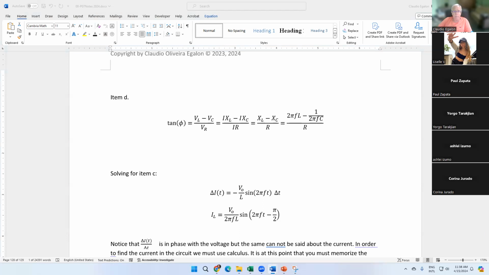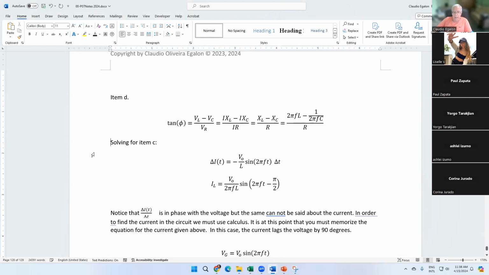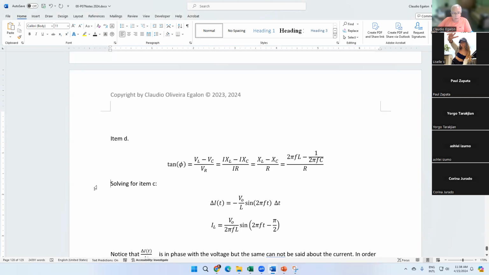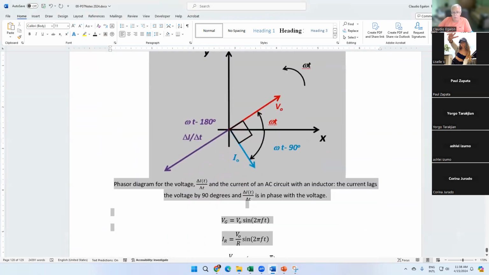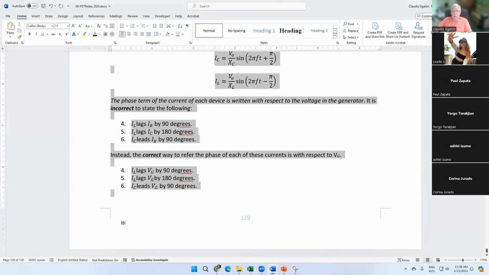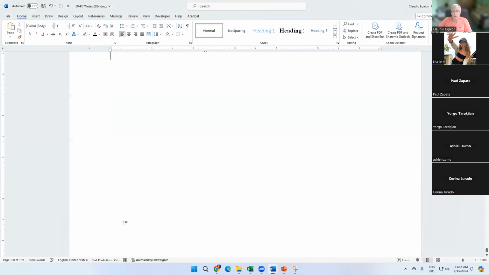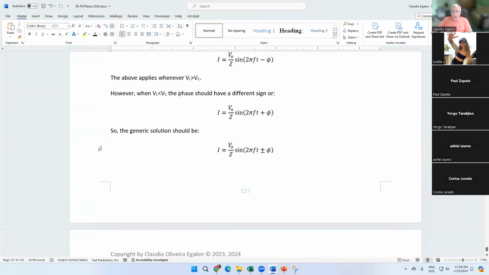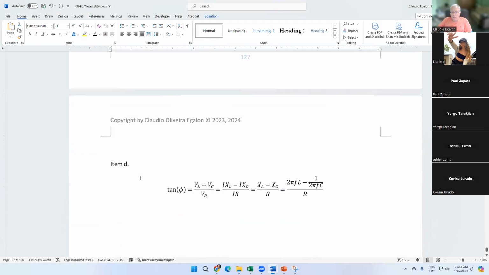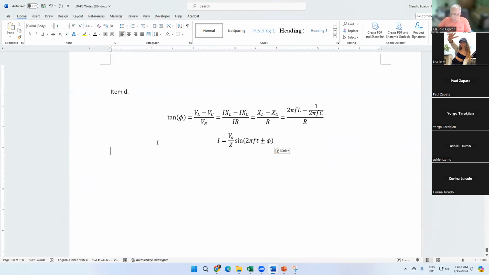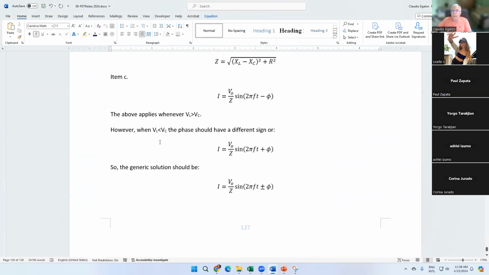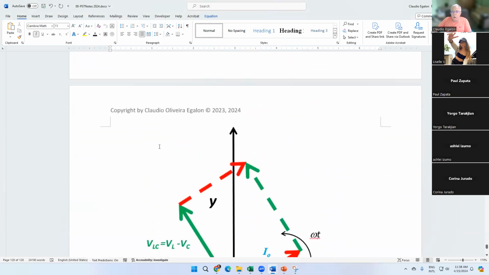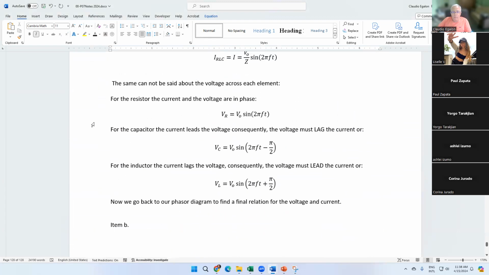Okay, item C. So I gotta erase this one here. Okay, good. So now we have our final equations here. And I'm going to write down the VR, VL, and VC, right?